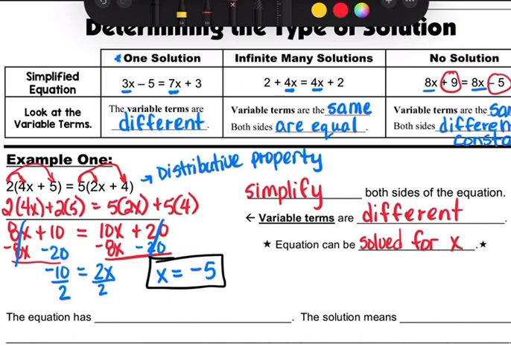Make sure you box in your answer. X equals negative 5. So the equation has one solution.